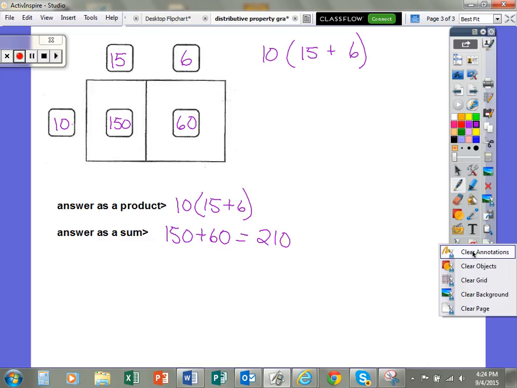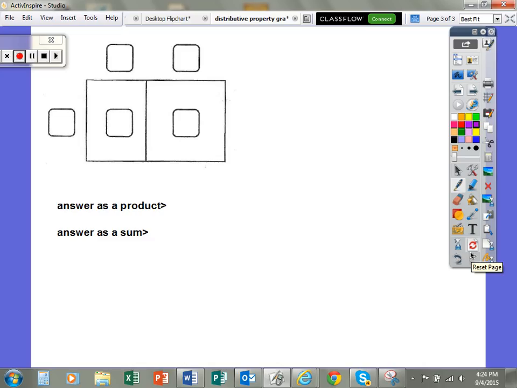Now let's try it in reverse. What if we are given the two numbers inside the box? What is the number that goes into both 12 and 15? I know that 3 is their greatest common factor. So if I work in reverse and I divide 12 by 3, I get 4, and 15 divided by 3 equals 5.